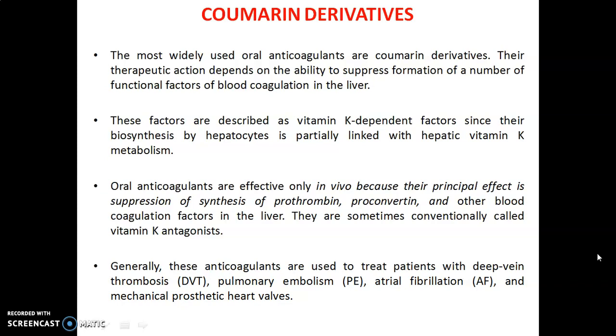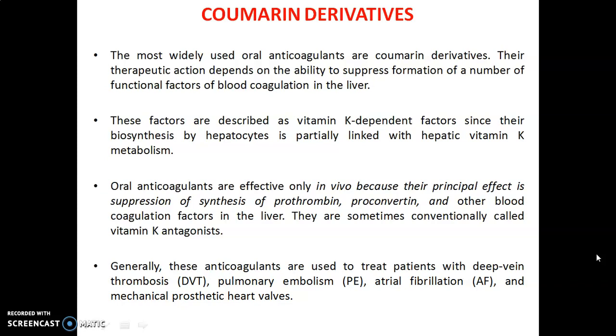Now the most widely used oral anticoagulants are coumarin derivatives. Their therapeutic action depends on the ability to suppress formation of a number of functional factors of blood coagulation in the liver. These factors are described as vitamin K dependent factors since their biosynthesis by hepatocytes is partially linked with the hepatic vitamin K metabolism.